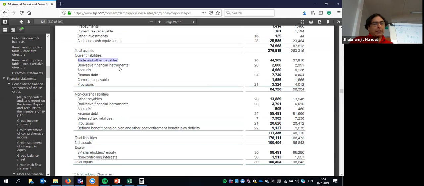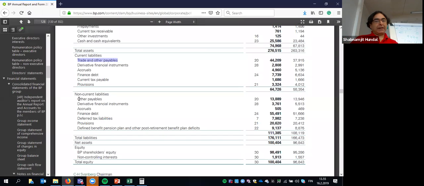And once again, BP has trade and other payables in the current liabilities, and maybe I can count them here as well if you want to, but they're not trade liabilities. So basically it means that BP never buys anything from anybody on credit for a period exceeding 364 days. But for the short period, yes, they buy things on credit, right?